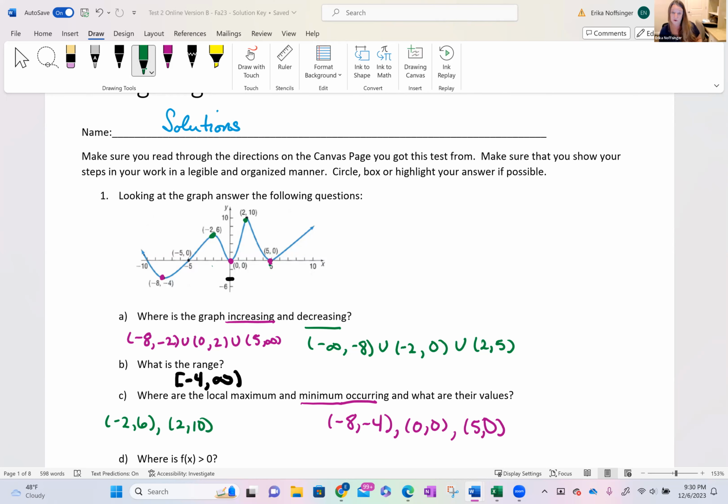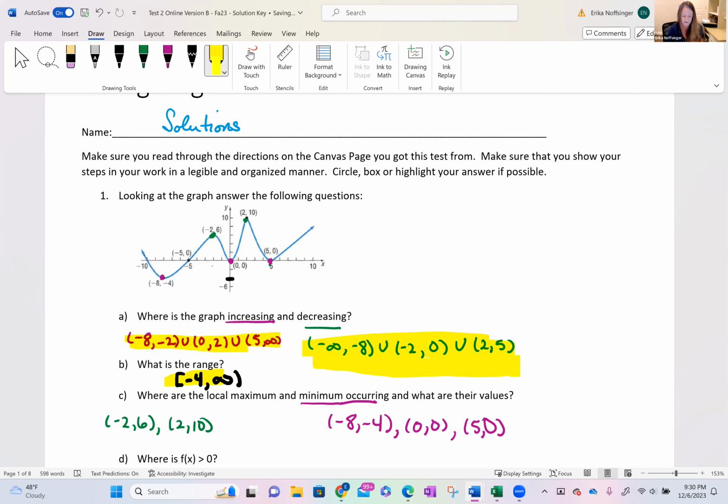So notice that those are points, whereas above, those were interval notation. And so interval notation sometimes looks like points. But look down here, they're not. Those are the x values that we're using.